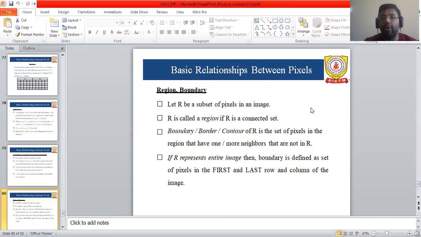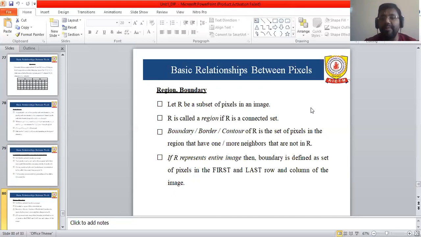The boundary, border, or contour of R is the set of pixels in the region that have one or more neighbors that are not in R. So we can say the boundary separates one region from other regions.